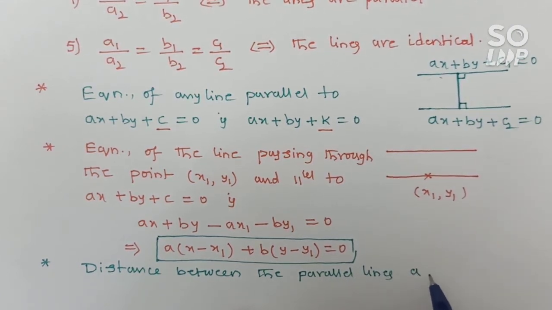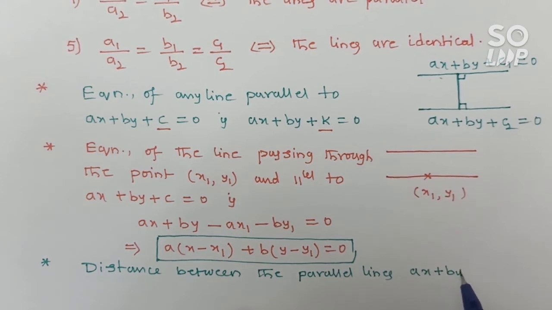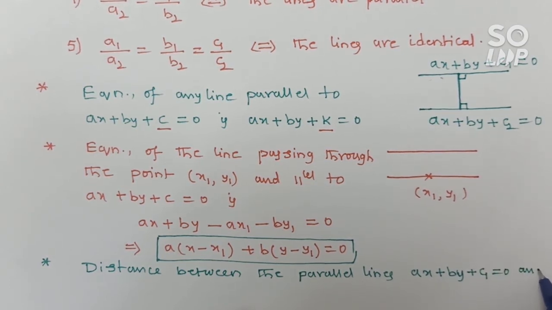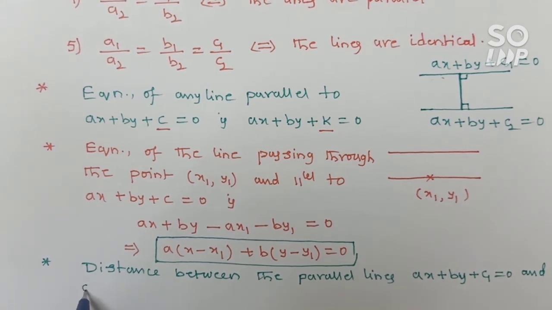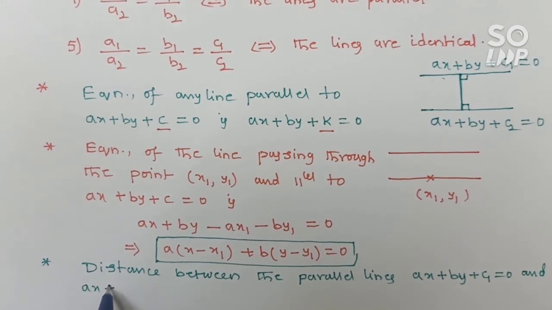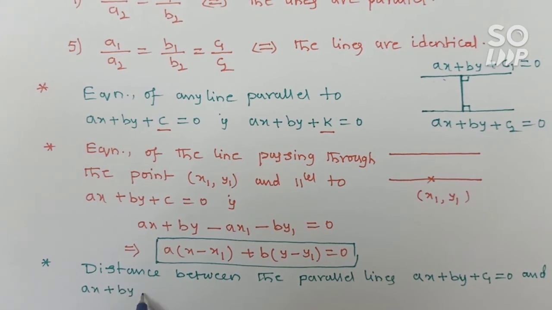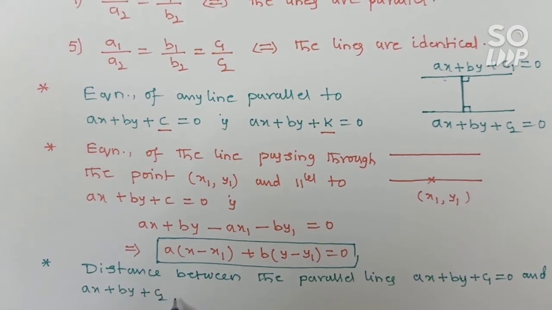So for the distance between the parallel lines, what is the first equation? ax plus by plus c1 is equal to 0, and the second equation is ax plus by plus c2 is equal to 0.